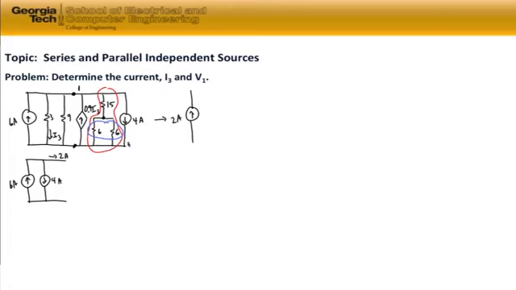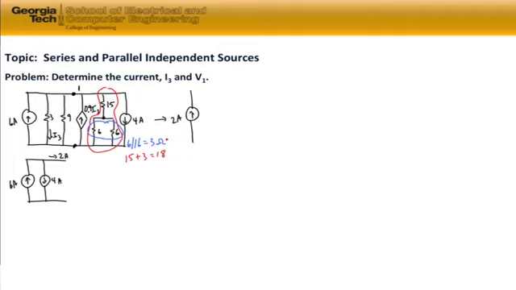The combination of the two 6 ohm resistors, 6 in parallel with 6, equals 3 ohms. Those two resistors in parallel are in series with the 15 ohm, so 15 plus 3 gives us 18 ohms equivalent for those three resistors.